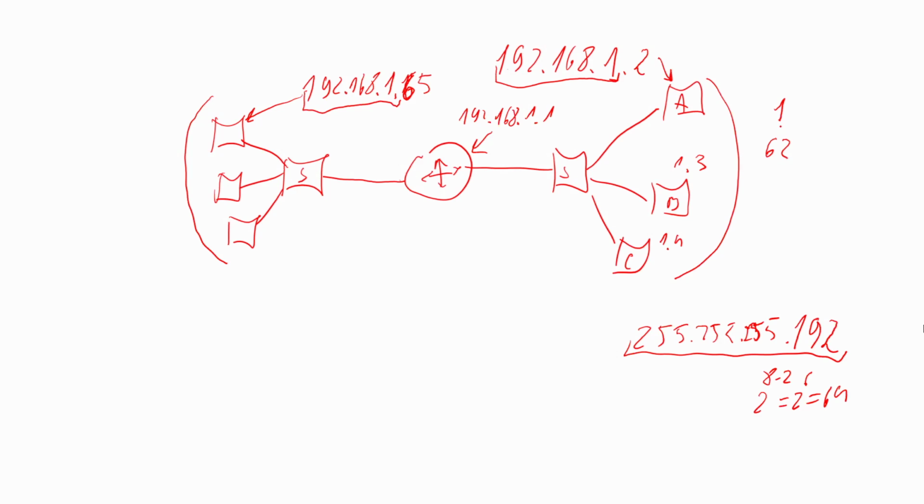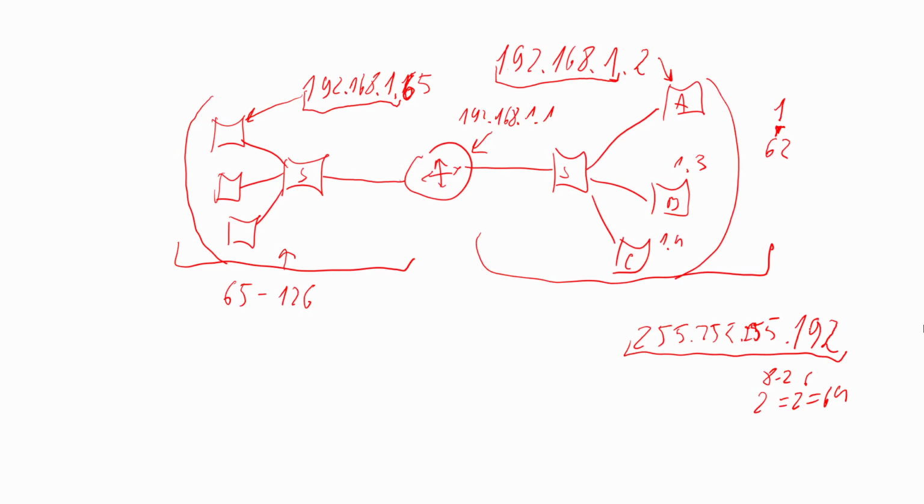This is the range of IP addresses for this part. And for this part we can give ranges from 65 to 126.